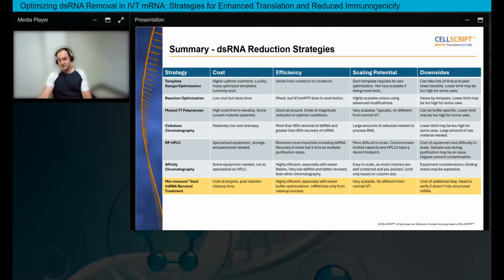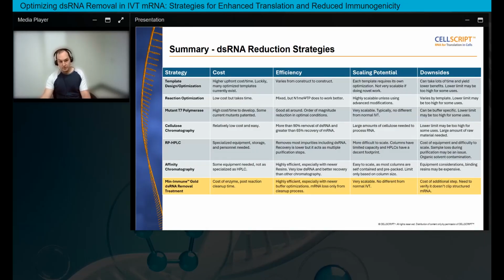The mutant T7 polymerase is also something that's come up in the last few years as being a really, really good option. And it's great for the companies that have had the resources to pour into mutational analysis. And because it's a normal IVT reaction, the attraction is there because all you have to do is kick it off. But they can be buffer specific.